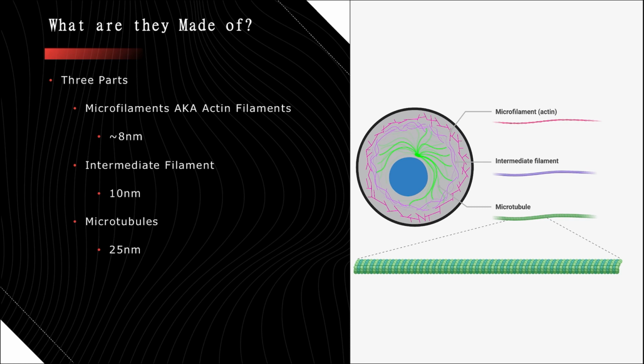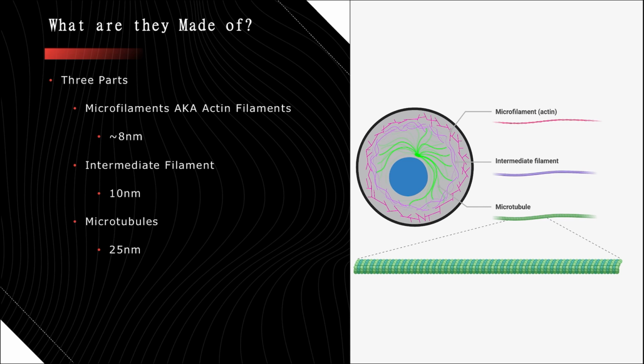Okay, so first, there are three different types of categories of cytoskeleton. The first is microfilaments, aka actin filaments, which are about 8 nanometers.